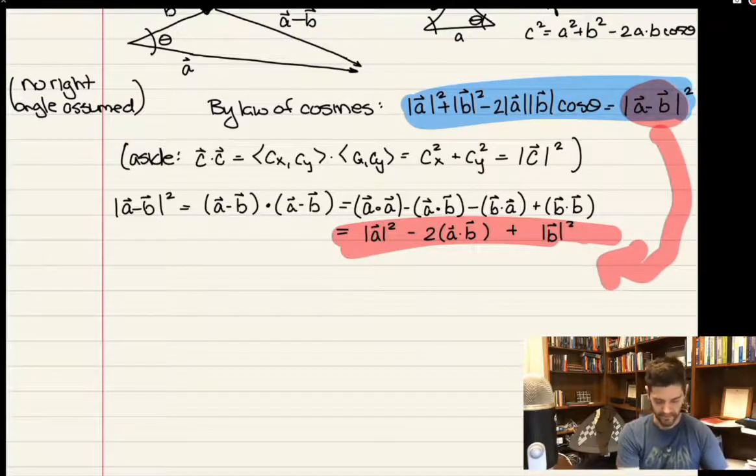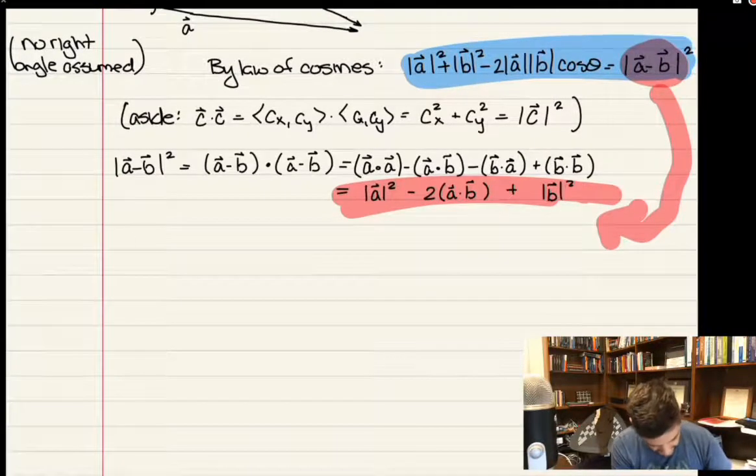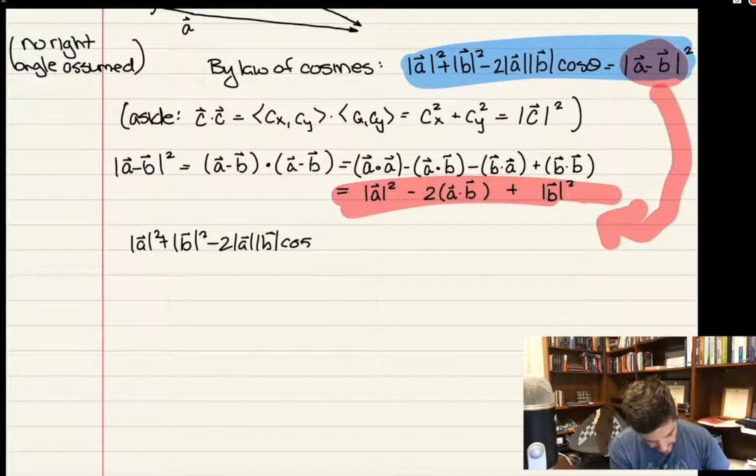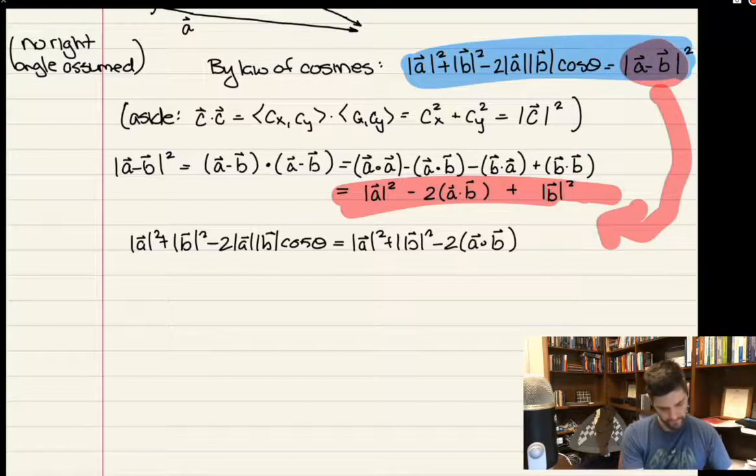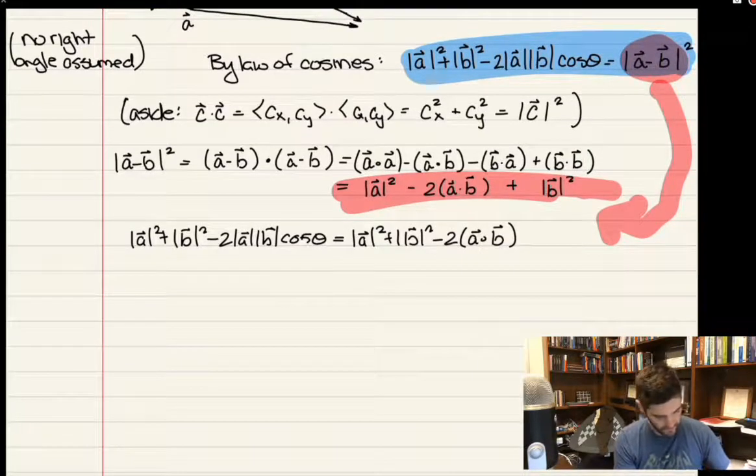We just calculated what the magnitude of A minus B squared is, but that's also in our law of cosines. So the law of cosines is saying A squared plus B squared minus 2AB cosine theta equals the magnitude of A minus B squared, but we just showed that that's A squared plus B squared minus 2 A dotted with B. What joy.